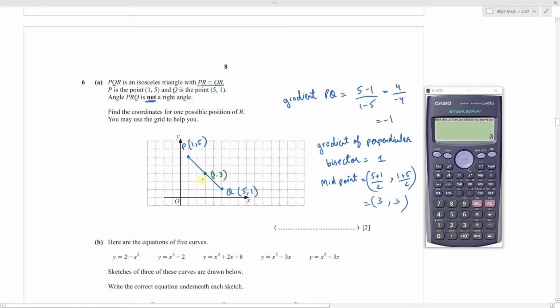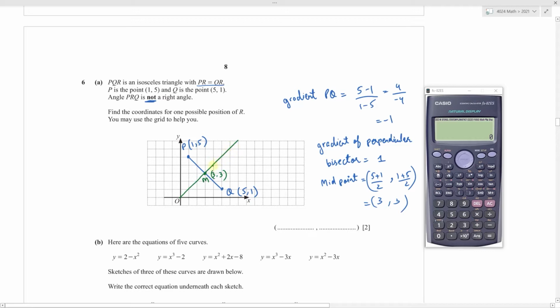Let's call it M. This is my line of gradient 1. All the points on this line, if I take any point here, here, here, will have equal distance from P and Q.